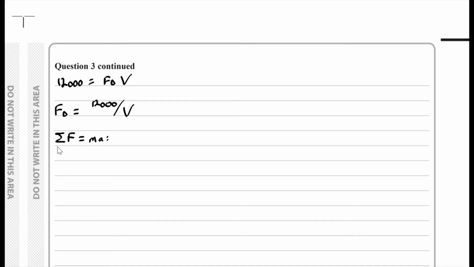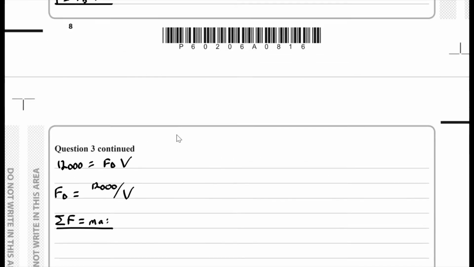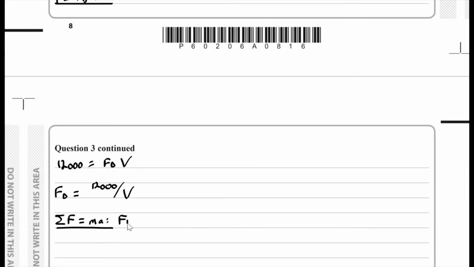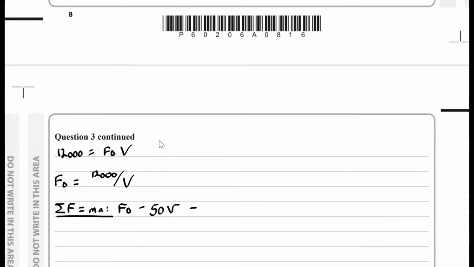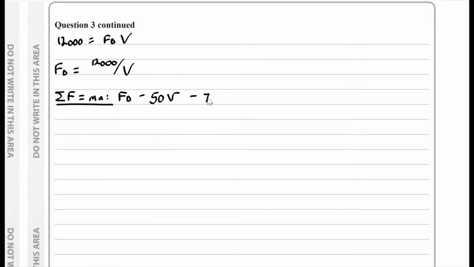then what we have over here, if we go back to the diagram, is Fd, the forward force, minus the 50V, and then we've also got this 750G sine alpha to take into account, and that's equal to the mass times by the acceleration. Now the acceleration would be 0.